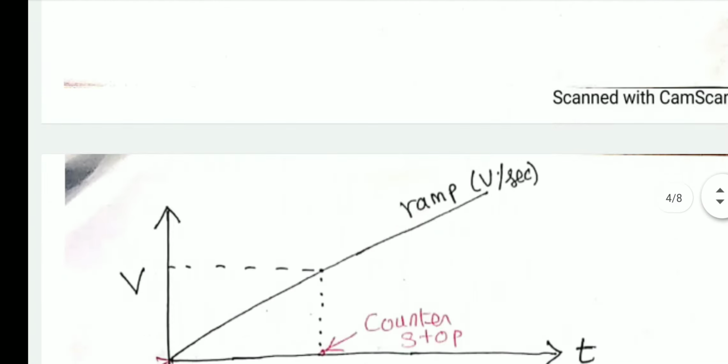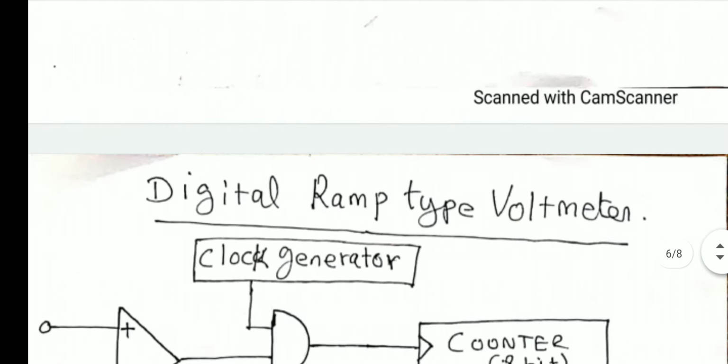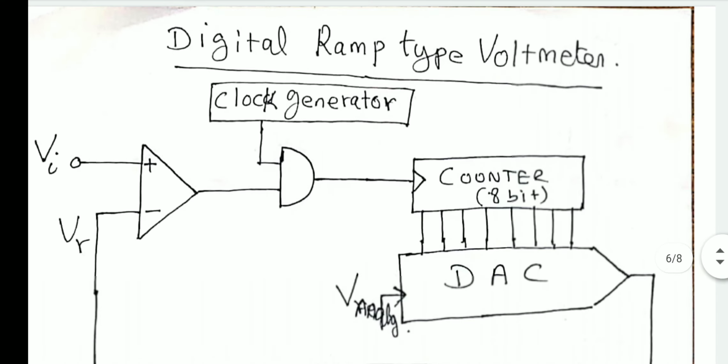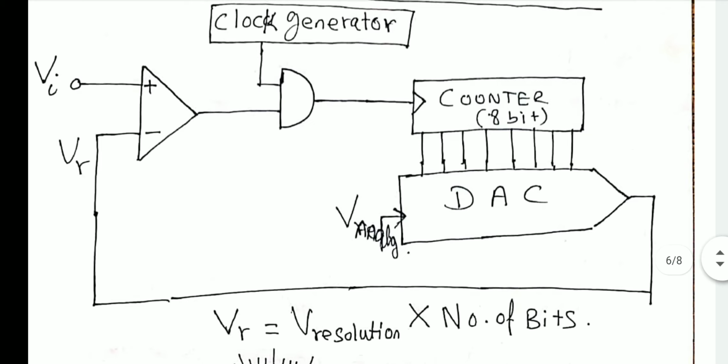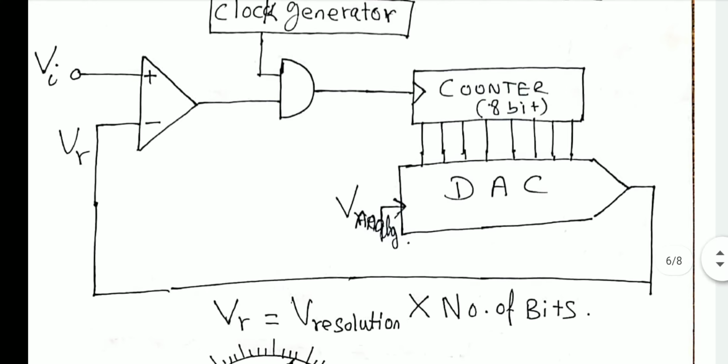But we are closing the loop in the digital ramp type voltmeter. The idea is, instead of the ramp voltage, we convert the digital output of the counter into an analog voltage and compare it with the input voltage. That is the difference from the linear type voltmeter.